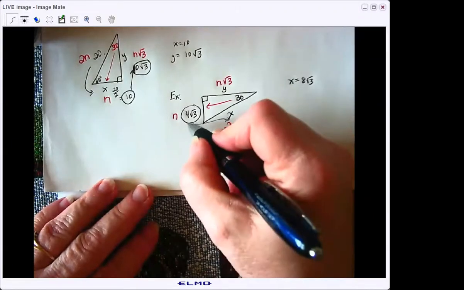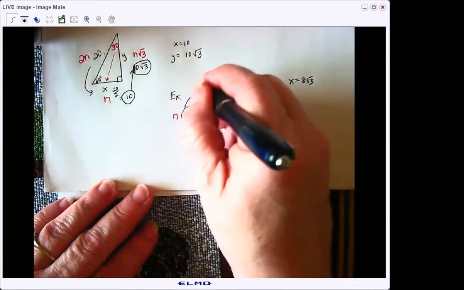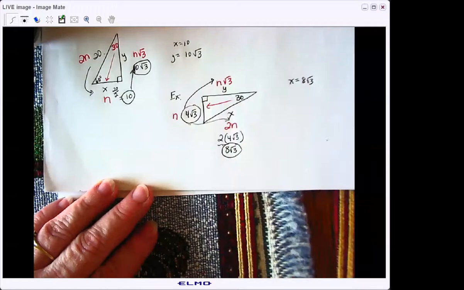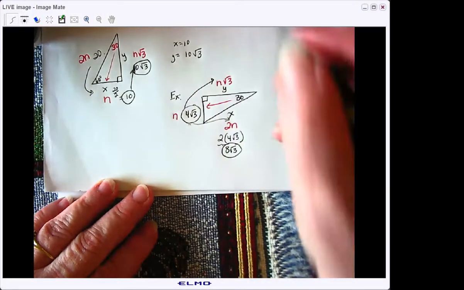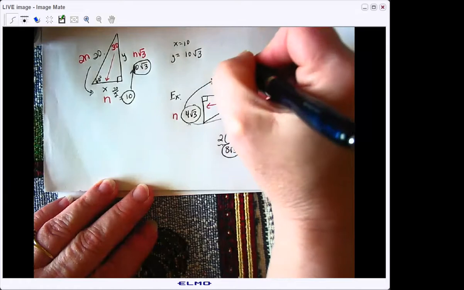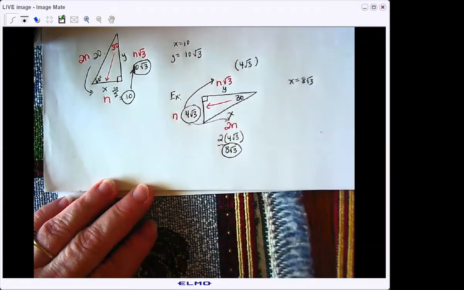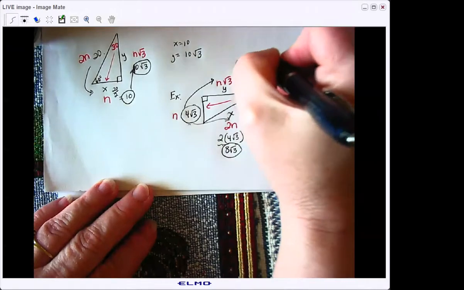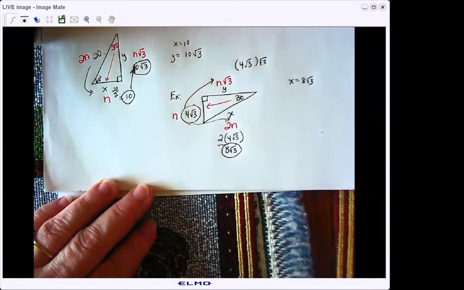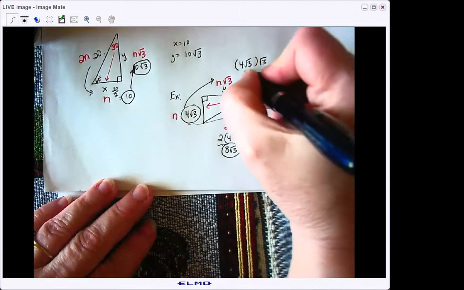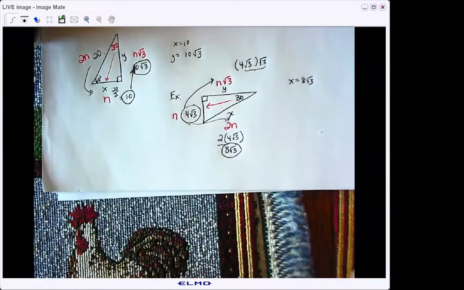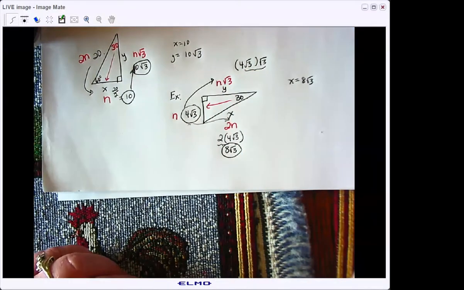Then we're going to take this same n and plug it in over here. So simplifying, this is going to give me n, which is 4 root 3, times root 3. Anybody remember what is root 3 times root 3?